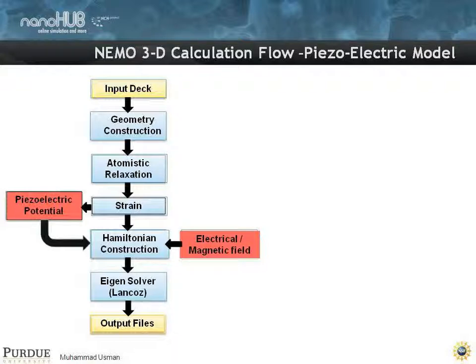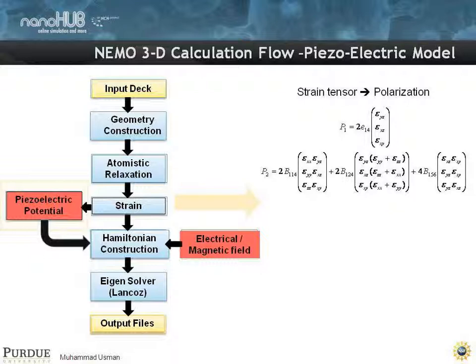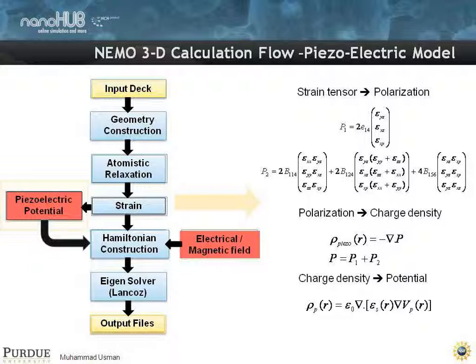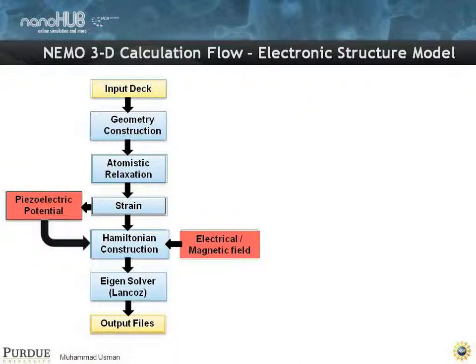Now I'm going to move on to the piezoelectric effect. We can derive a strain tensor out of these strain calculations, and if you have a strain tensor in a polar material, you have a charge density you can compute, and given the charge density you can compute an electrostatic potential, which you can then float into the Hamiltonian.